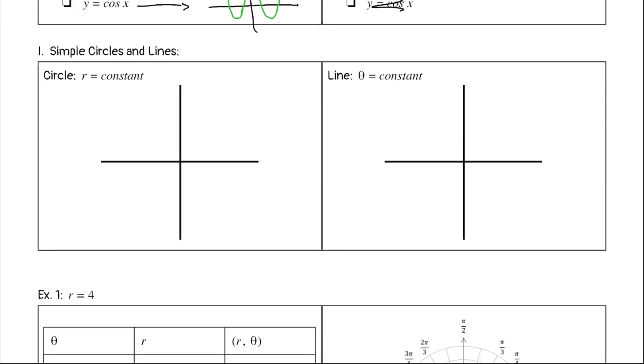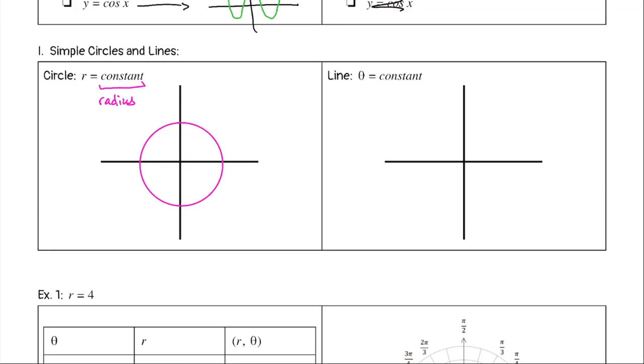More specifically, that circle is going to have a center at the origin. So when you see r equals a constant, you're going to end up with something kind of like this. And whatever that number is will give you the radius of that circle.